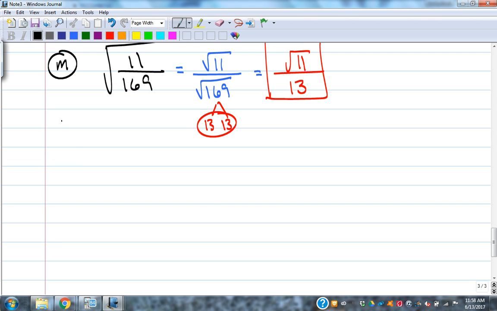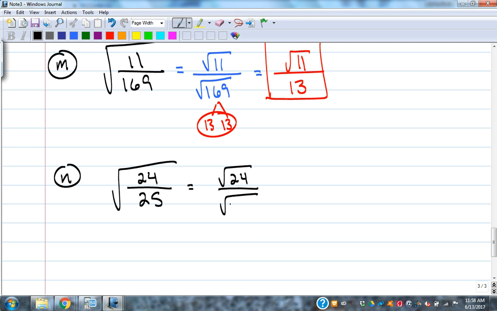Okay. If you had maybe the square root of a fraction, maybe you had square root of 24 over 25, something like that. Split it apart, square root of 24 on top, square root of 25 on the bottom. 25 is 5. That's on the denominator. The numerator is a little more difficult. We need to break down 24.